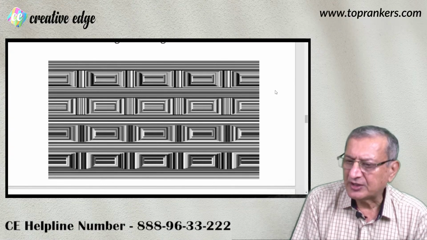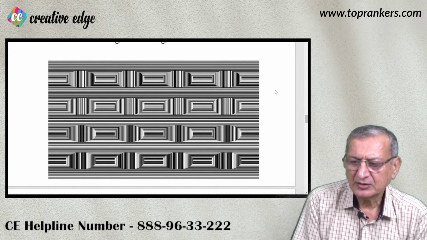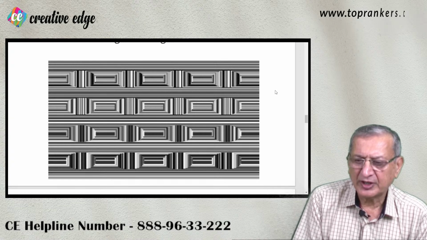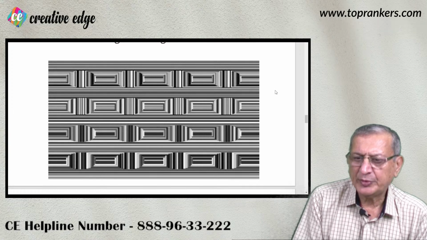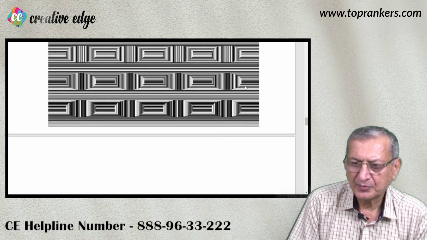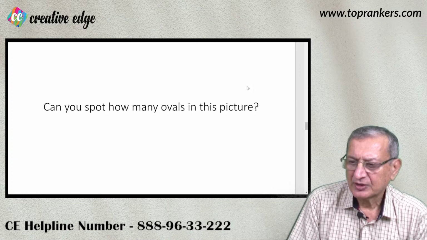In such a pattern where you may look forward to scintillating illusions or Hermann grid illusions, you should be able to observe more. Can you spot how many ovals in this picture? My goodness.